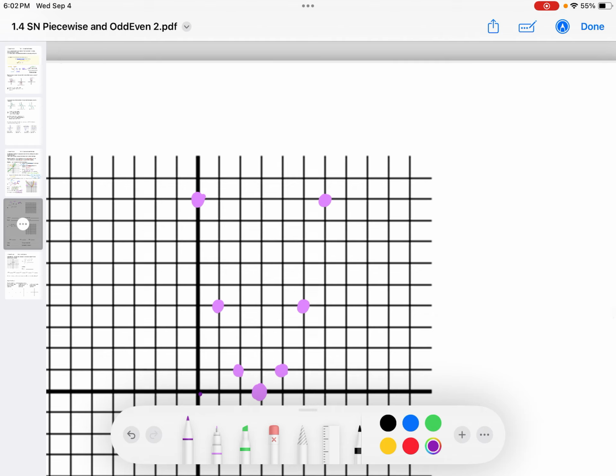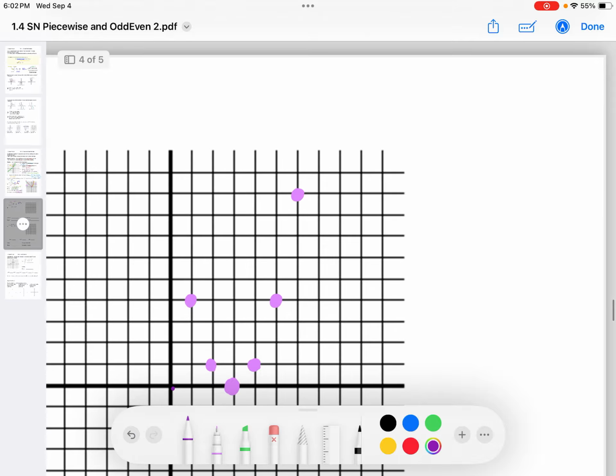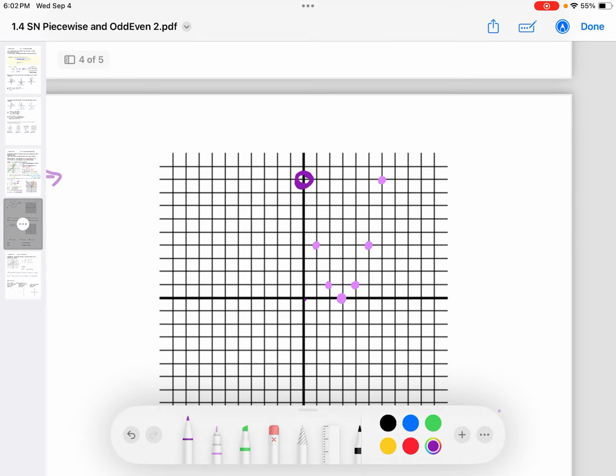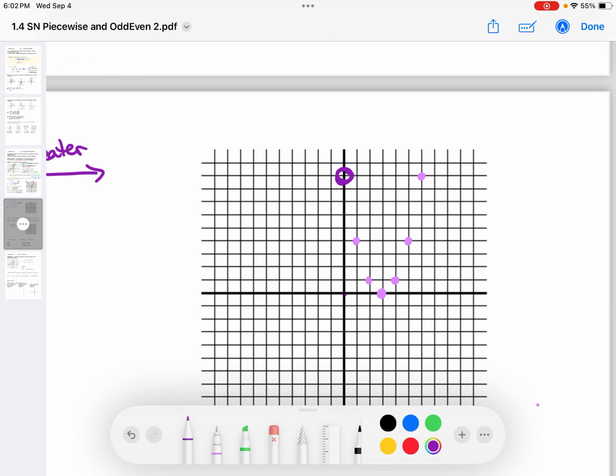Where x is 0, that y was that positive 9. That needs to be an open space. So I'm going to erase it and make that an open circle. And we go right. As this graph goes to the right, it goes down to the vertex, changes direction and goes up, and it will continue going up forever. It won't just stop at the edge. So there's our first piece.